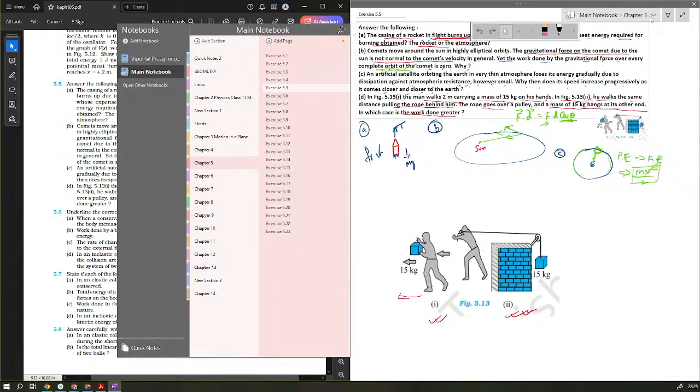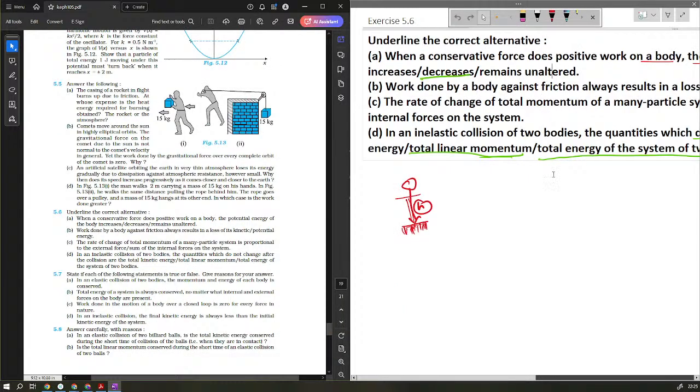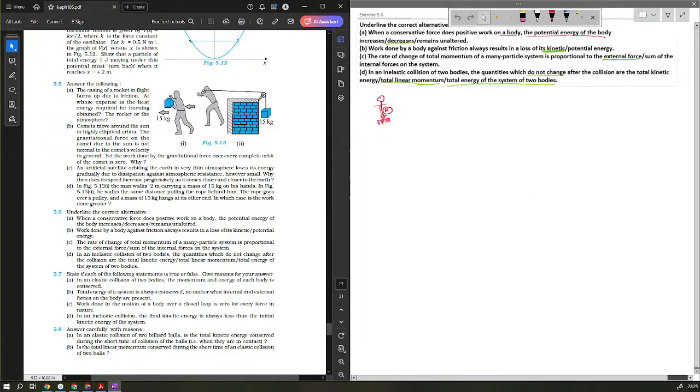The sixth question is: underline the correct alternative. When a conservative force does positive work on a body, the potential energy of the body increases, decreases, or remains unaltered.